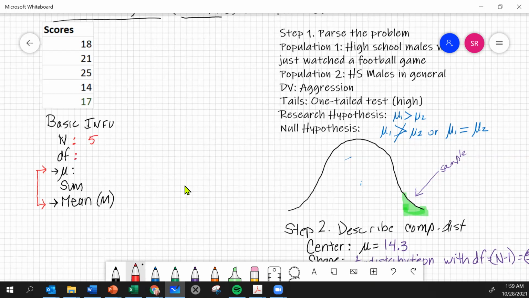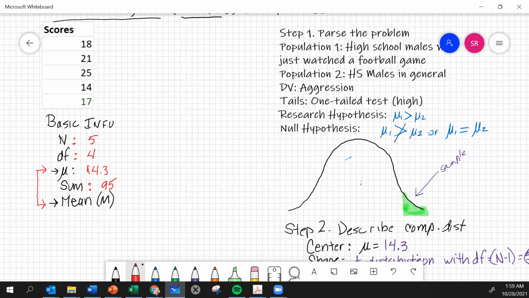Degrees of freedom we know equals 4. The population mean, we were told, and we wrote it earlier, is 14.3. To figure out the sample mean, we add 18 plus 21 plus 25 plus 14 plus 17, and we get a sum of 95.